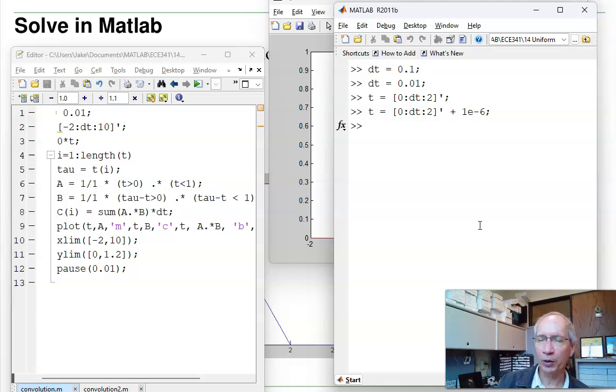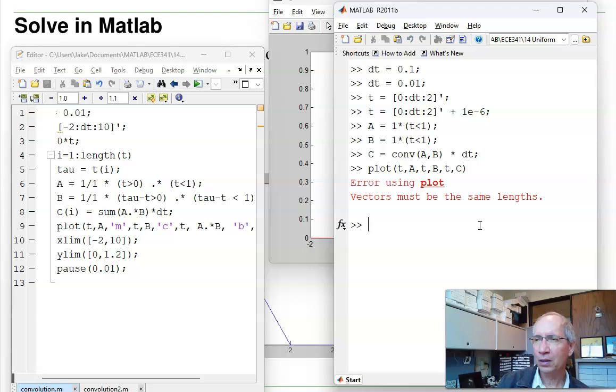Perturb it by epsilon, so you don't have to worry about equals. A is 1 times t less than 1. B is 1 times t less than 1. C is the convolution of A and B. Now when I do convolution, that is the summation. To make that integration, I need to multiply by dt. So if I plot the convolution, you get twice as long.